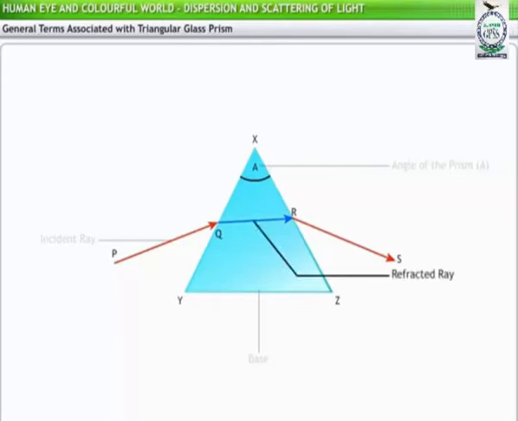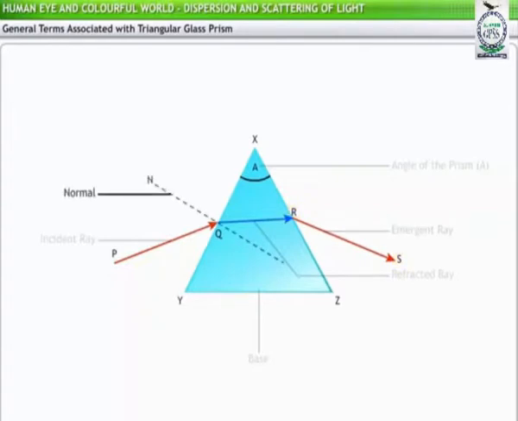In this case, the refracted ray is the ray that travels inside the prism between the two refracting surfaces. Thus, QR is the refracted ray. The refracted ray again incidents on the other surface of the prism and then emerges from it into the air. This light ray emerging from the prism after refraction is called the emergent ray. Here, RS is the emergent ray.